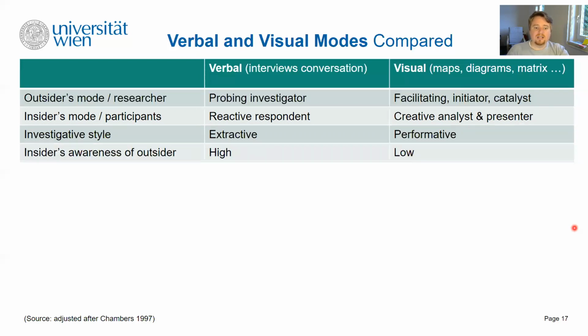Then the question of the insider's awareness of the outsider: how far the people we are doing research with, the participants, realize that we as researchers are there. When we are doing an interview, it's very high. We're sitting in front of each other, the researcher is raising these questions, and we are very present.